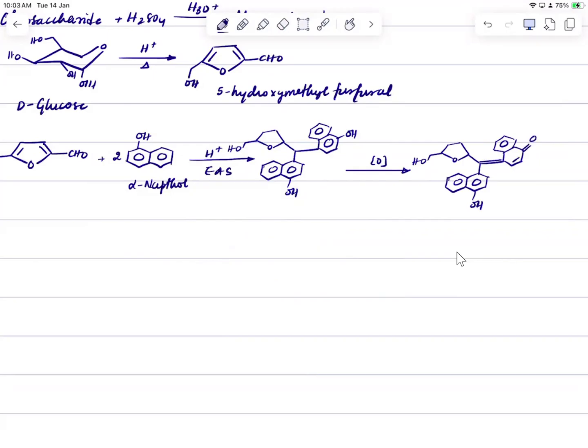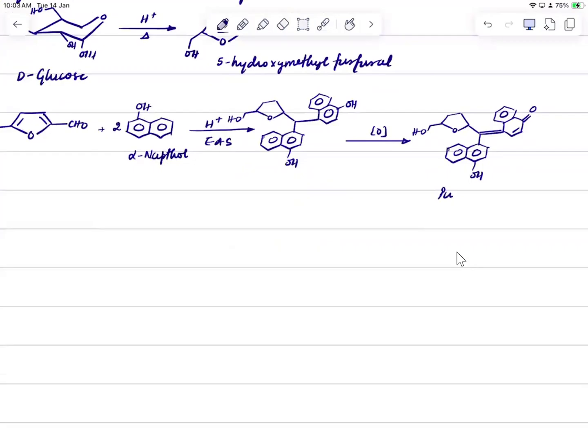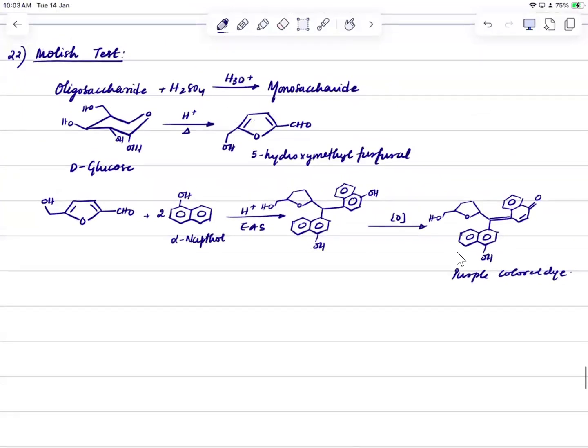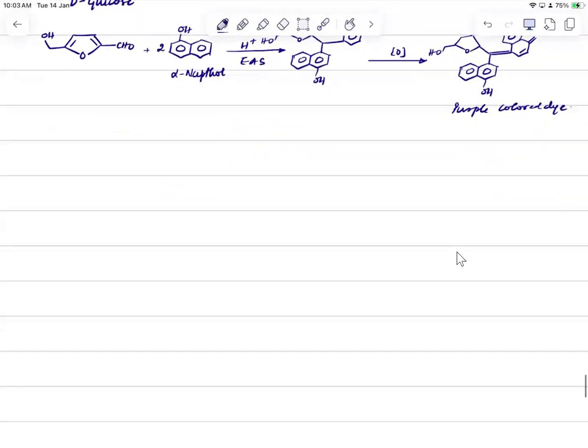Done. Now this is a purple coloration, a purple color dye. So Molisch test is mainly to recognize any monosaccharides or oligosaccharides by formation of furfural reacting with alpha naphthol and oxidation.